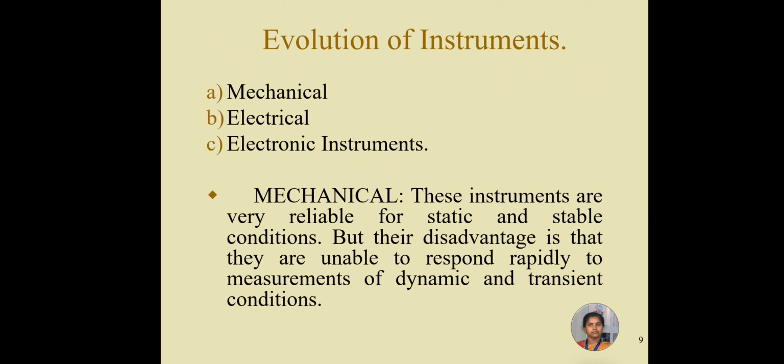The evaluation instruments include mechanical, electrical and electronic instruments. The mechanical instruments are very reliable for static and stable conditions, but their disadvantage is that they are unable to respond rapidly to measurements of dynamic and transient conditions.